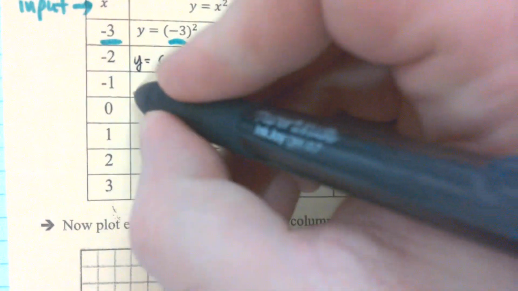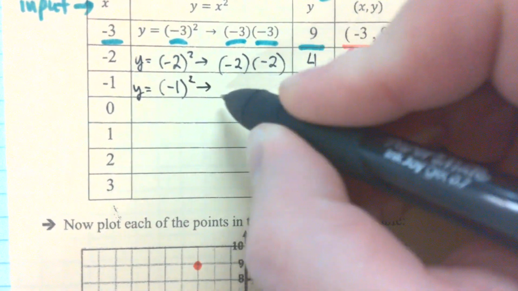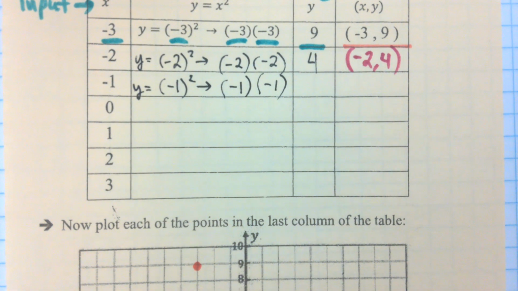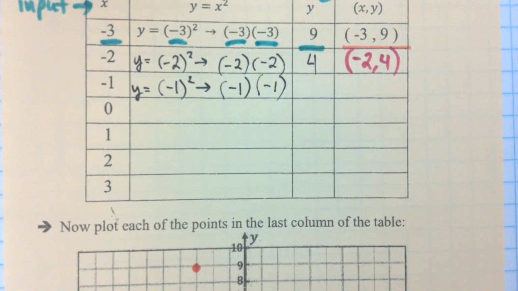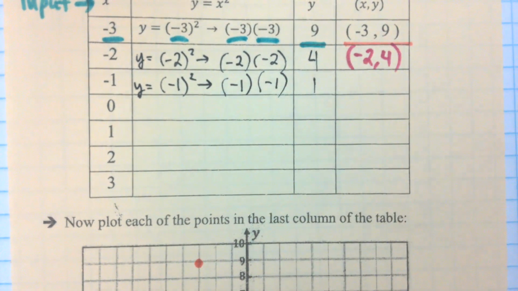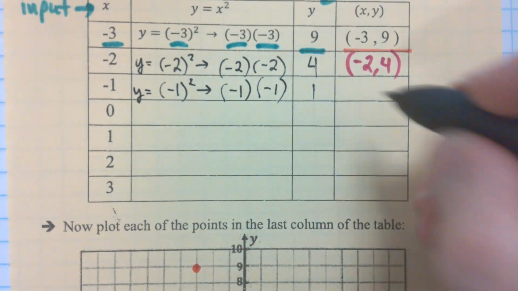Next, we'll input -1. Y is equal to -1 squared, which is -1 times -1. Hopefully, we're starting to see a pattern. What is -1 times -1? +1. 1 times 1 is 1. Negative times a negative gives us a positive.